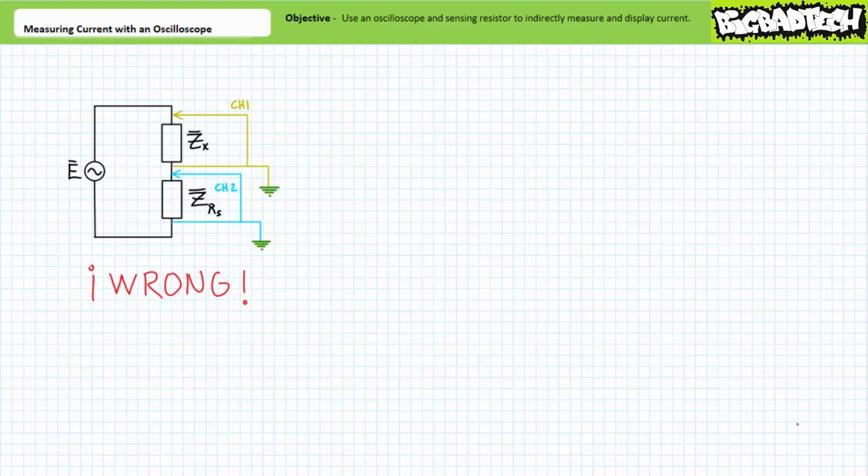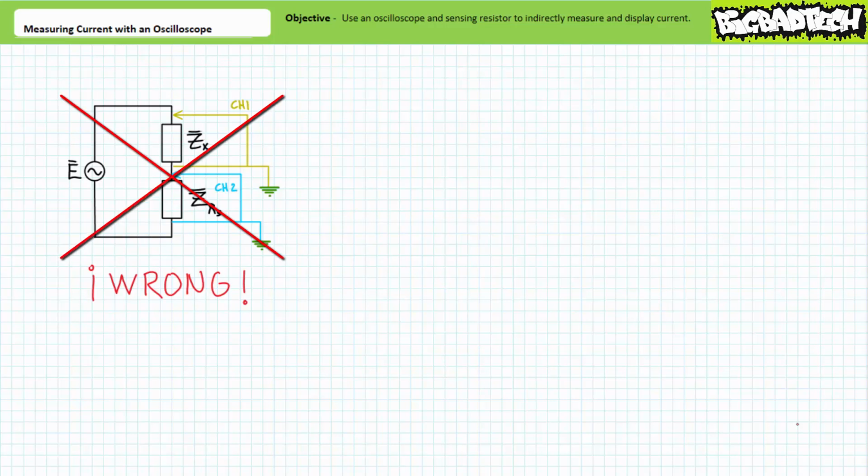Channel 1 is measuring voltage across our element of interest with respect to ground. Channel 2, however, is measuring voltage across the sensing resistor, where both terminals of the sensing resistor have been grounded. Given both terminals of the sensing resistor have been placed at the same ground potential, there will be no voltage drop across it. Do not do this.